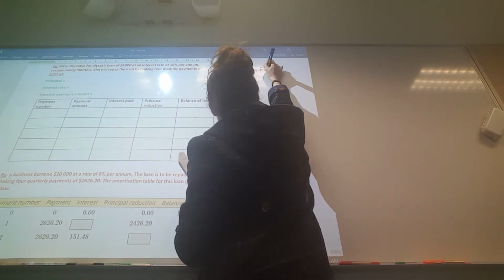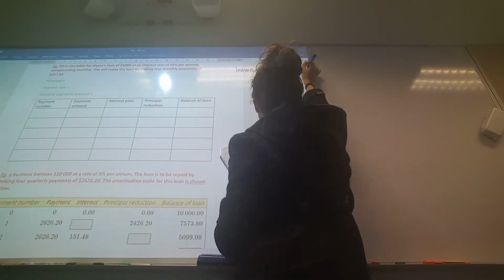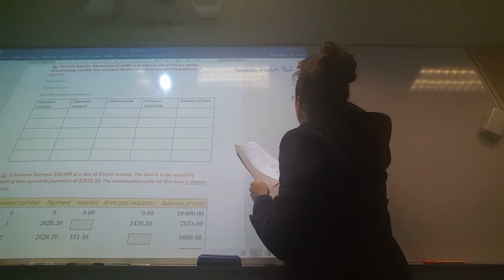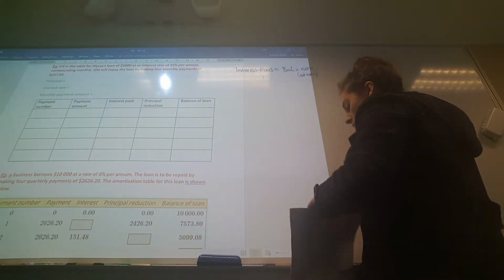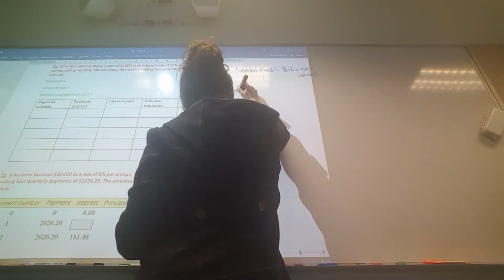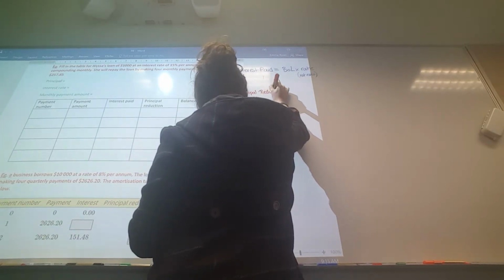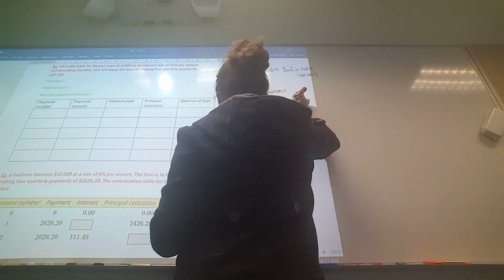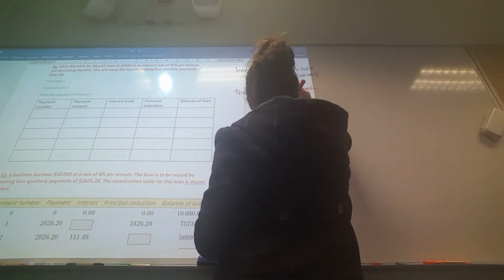Interest paid equals balance of loan times the rate, not ratio. Principal reduction is payment, take interest paid.